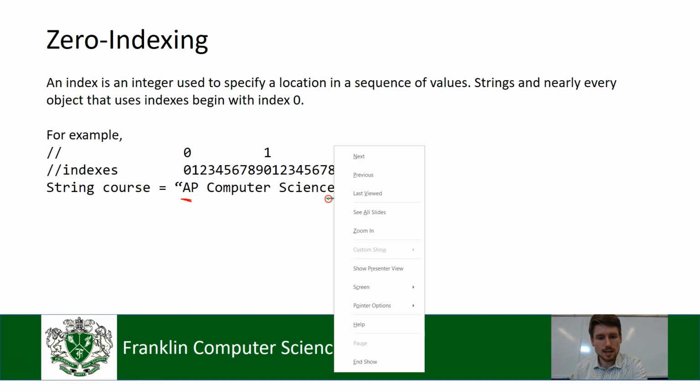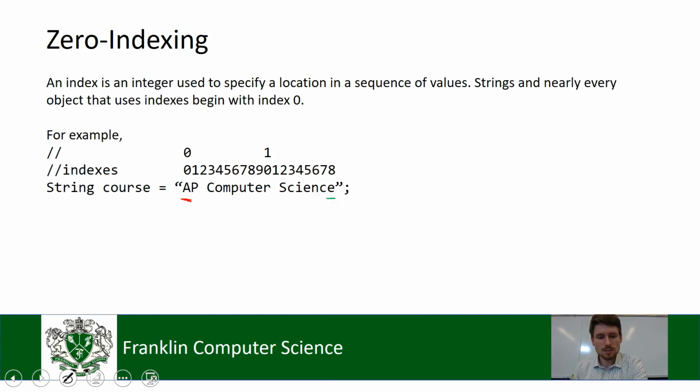That's the E. So this is E, this is at 18. And this guy over here is at position 0. Okay? And so it just goes up in sequential order the way you might expect. 0, 1, 2, 3, 4, 5, 6, 7, 8, 9, 10, 11, 12, 13, so forth.